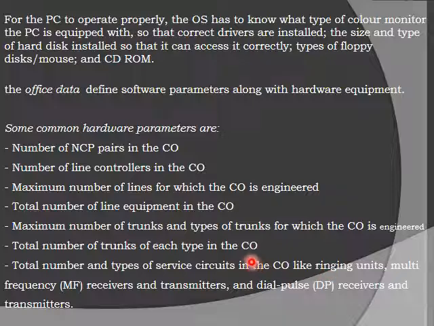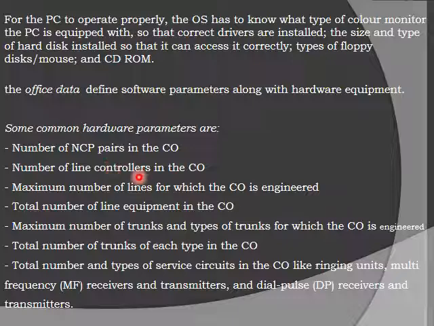So here, for a particular PC to operate correctly, the OS has to know which type of color monitor is there, so that correct drivers are installed, or the size and type of hard disk to be installed, like that. So like that we have here, with respect to DSS hardware parameters, like how many NCPs are there in the CO, 5 or 10 or like that, because under one NCP again a set of LMs and TMs and ICs are coming there.